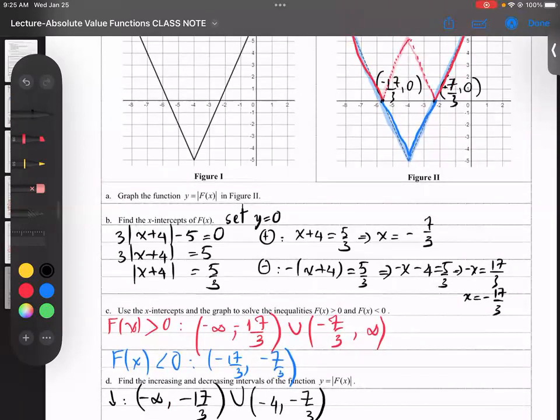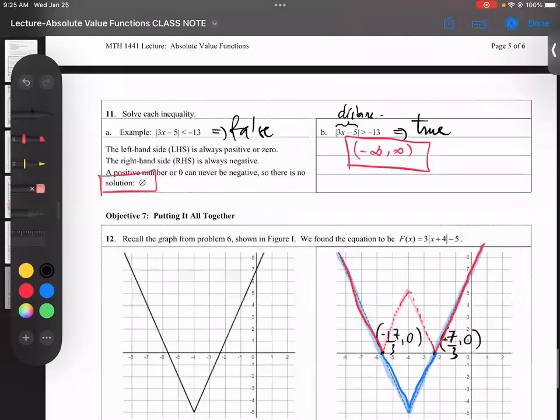Maybe I'll use my hand. So it's decreasing right there. When it's decreasing, you want to project to the x-axis. You want the interval, right? You don't want the y value. Y value, that's range. So decreasing from negative infinity up to negative 17/3, and then it increases again but then it starts decreasing from -4 to -7/3, and that's it.